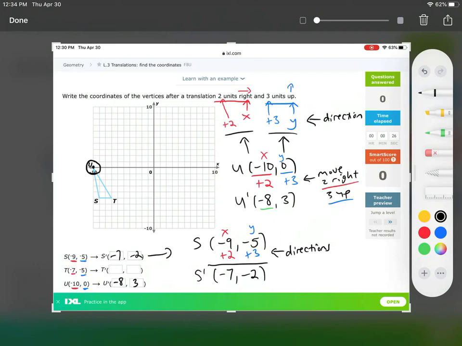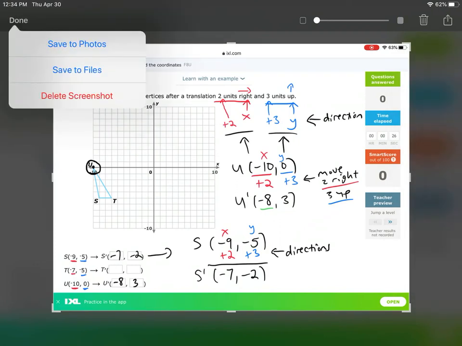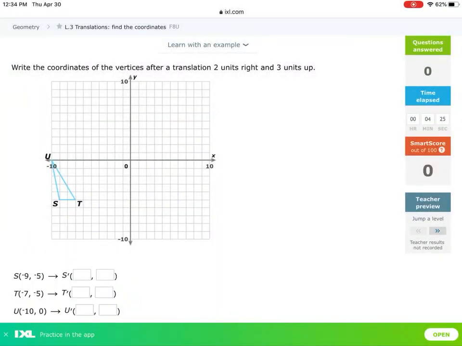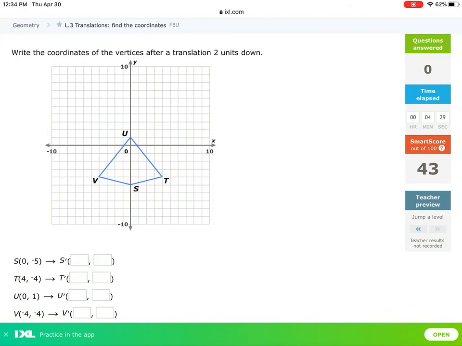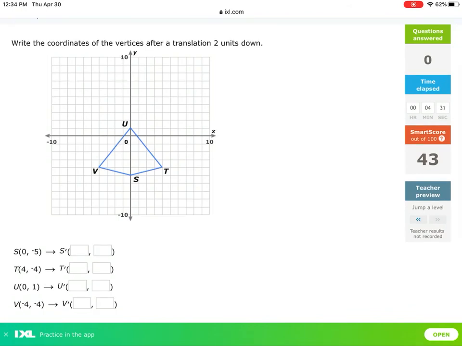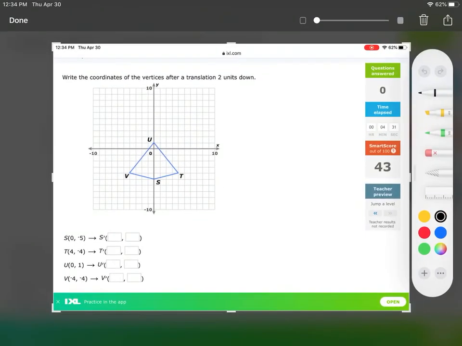I won't do the last one, but I'm going to skip ahead. And this one's moving 2 down. This is a good example. Now, if we're going down, that is the Y direction. So if we're going 2 down, that's going to be -2 for the Y direction.